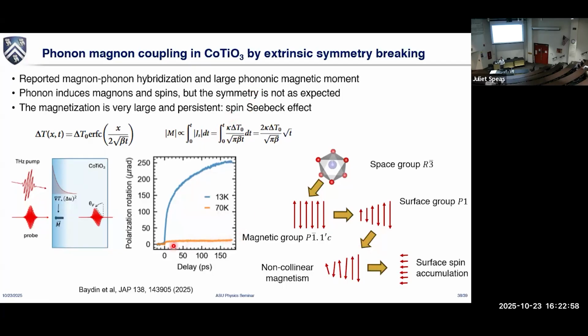The spin keeps flowing, so even if the heat dissipation is gone, the light is gone, the phonon is gone, as long as there is a flow, the spin keeps generating at the interface, and that creates a pretty large, actually pretty unexpected spin effect.